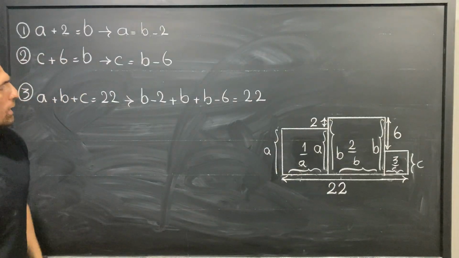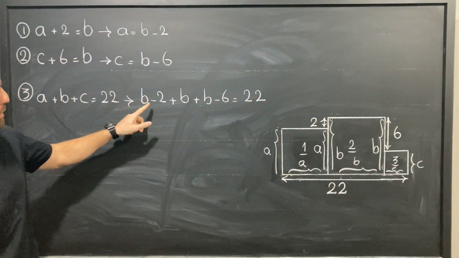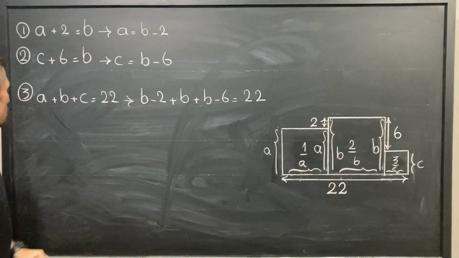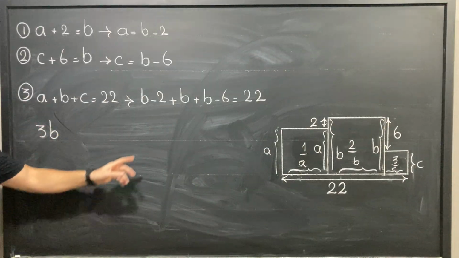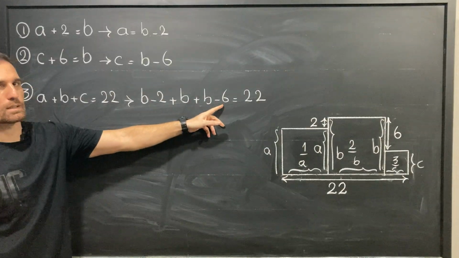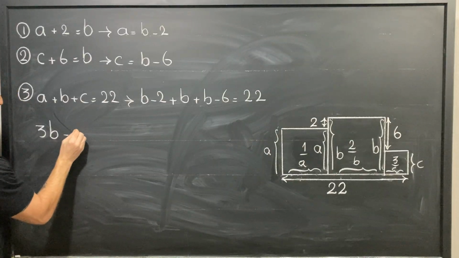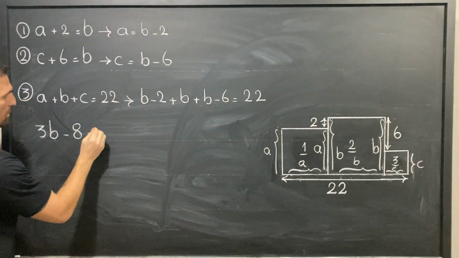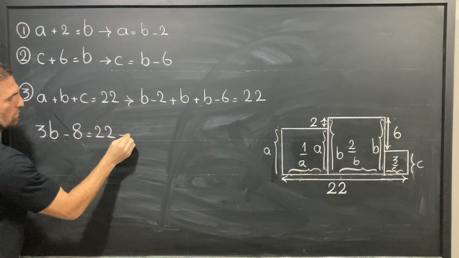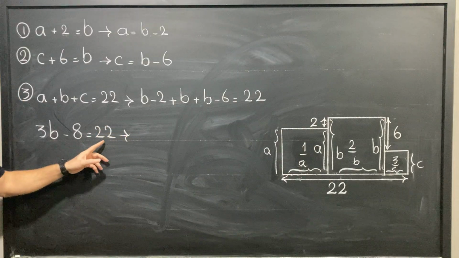Now, let's find the value of B. We have 1, 2, 3, B. So I'm going to write it here. Negative 2 minus 6 is negative 8 equals 22. 3B minus 8 equals 22.